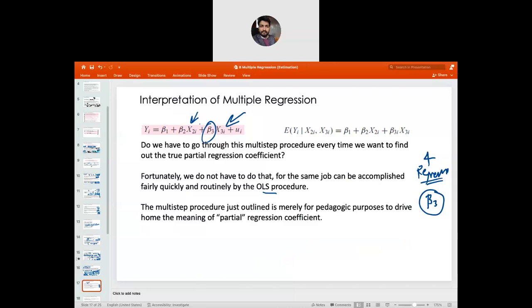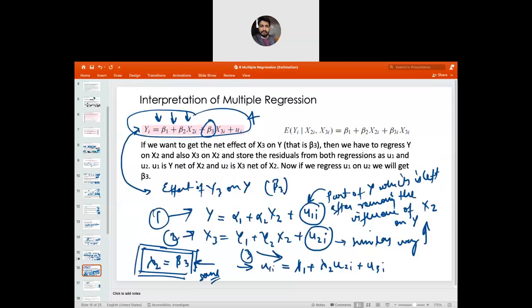So this procedure is never used, but it is explained in books just to drive home the true meaning of partial regression coefficients, because here the effect of x2 was removed from y and x3, and then what remained of y and what remained of x3 were regressed, and then we got the effect of x3 on y.